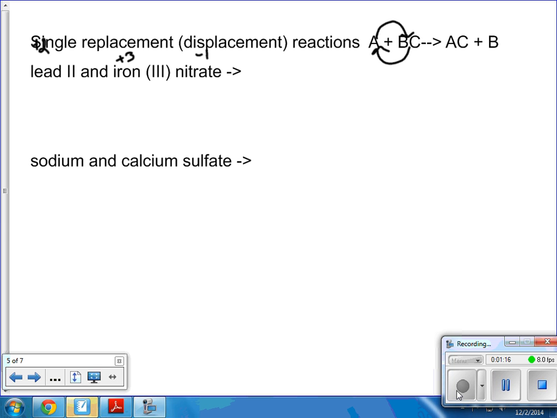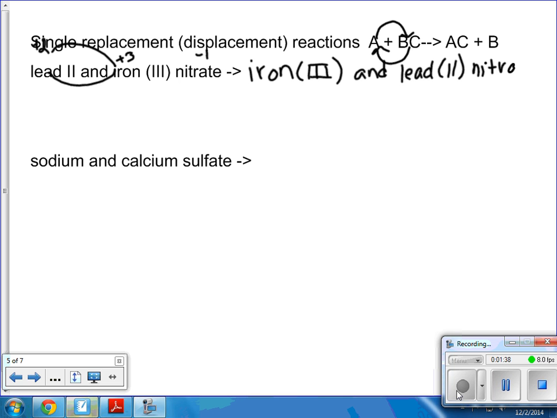So iron is now going to come over here and be by itself, and then lead's going to take the place of iron. So we're just going to write iron 3, and this is going to become lead 2 nitrate.